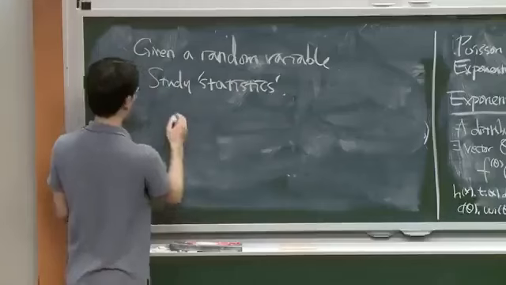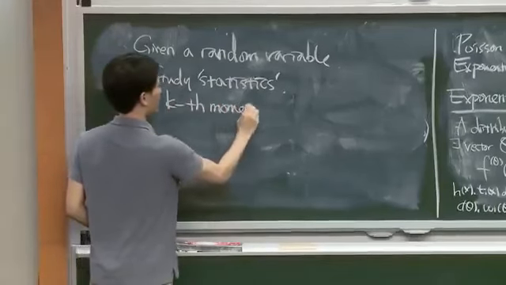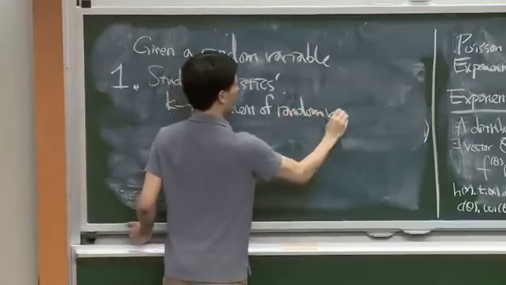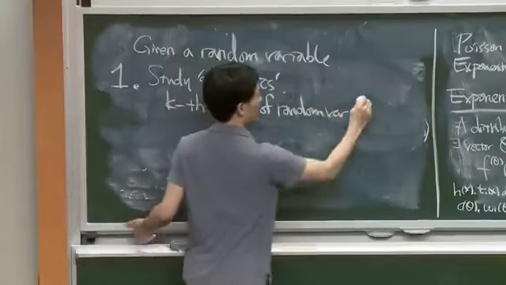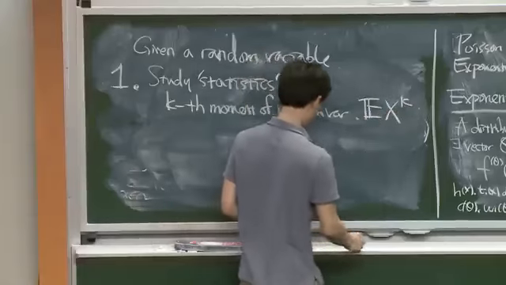And that will be represented by the k-th moments of the random variable. The k-th moment is defined as the expectation of x to the k.